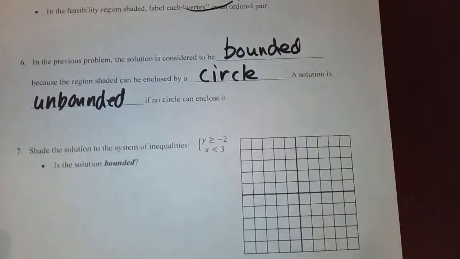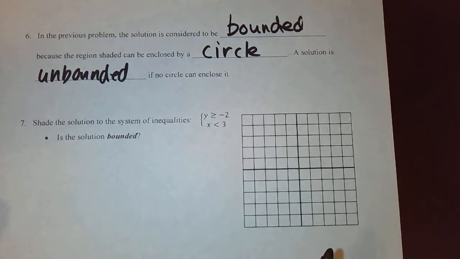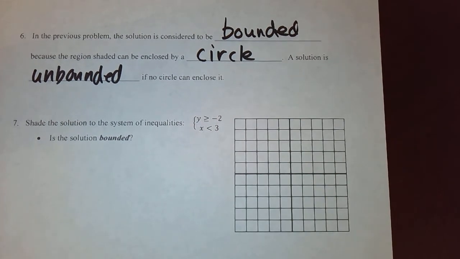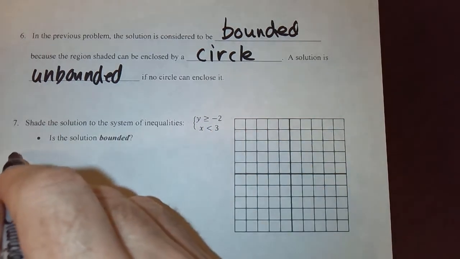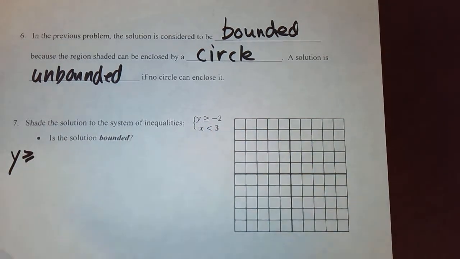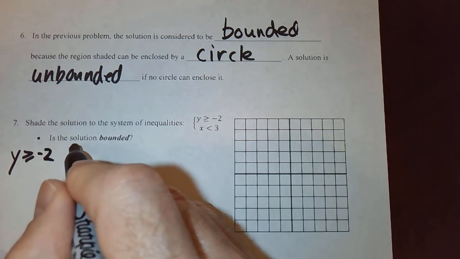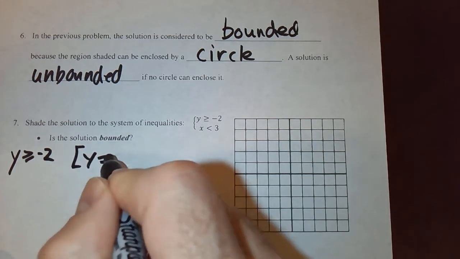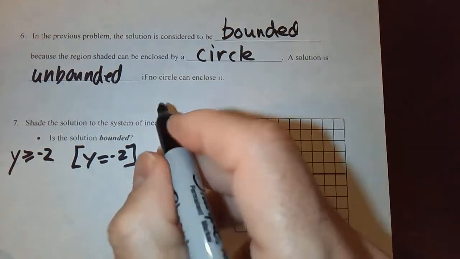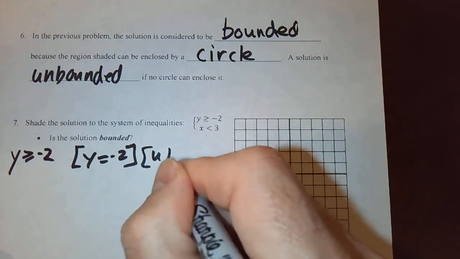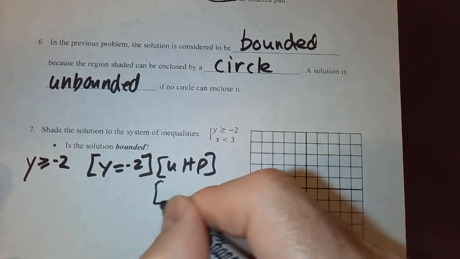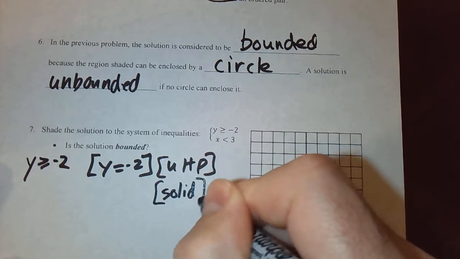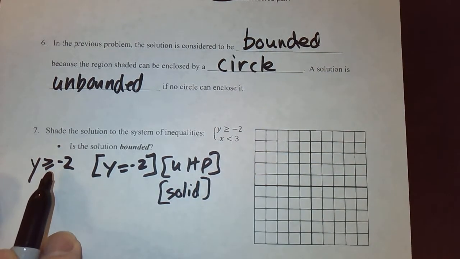All right, let's look at a simple example. Two inequalities, very simple ones actually. y greater than or equal to negative 2 is the first one. Well, the line I'm going to graph is y equals negative 2, and I'm going to shade the upper half plane because it's a greater than or equal, and I'm going to use a solid line because it's got the equal sign.